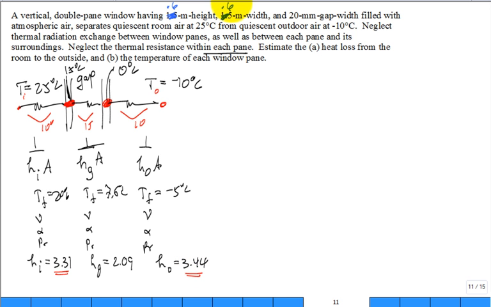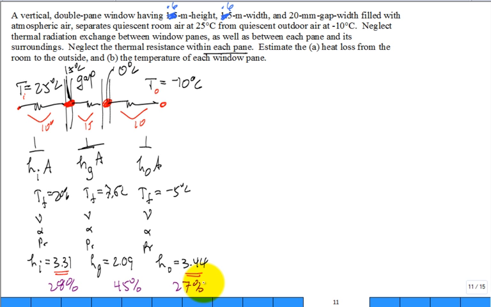Of the overall resistance, 45% was due to the gap, and right at 28% and 27% the other two components contribute to the resistance to heat transfer.